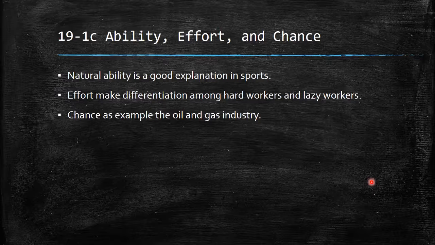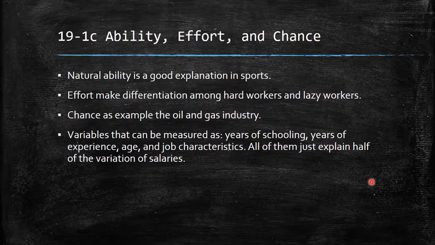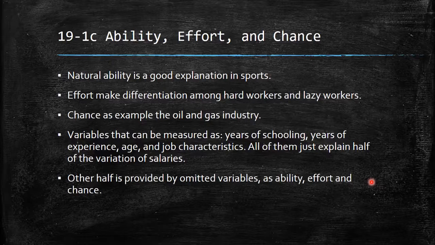You're not lucky if you graduate and the price is $35. So chance could be a factor to take into consideration as well. So we know that there are variables that can be measured, such as years of schooling, years of experience, age, and job characteristics. All of them just explain half of the variation of salaries, because the other half can be explained by natural ability, effort, and chance.